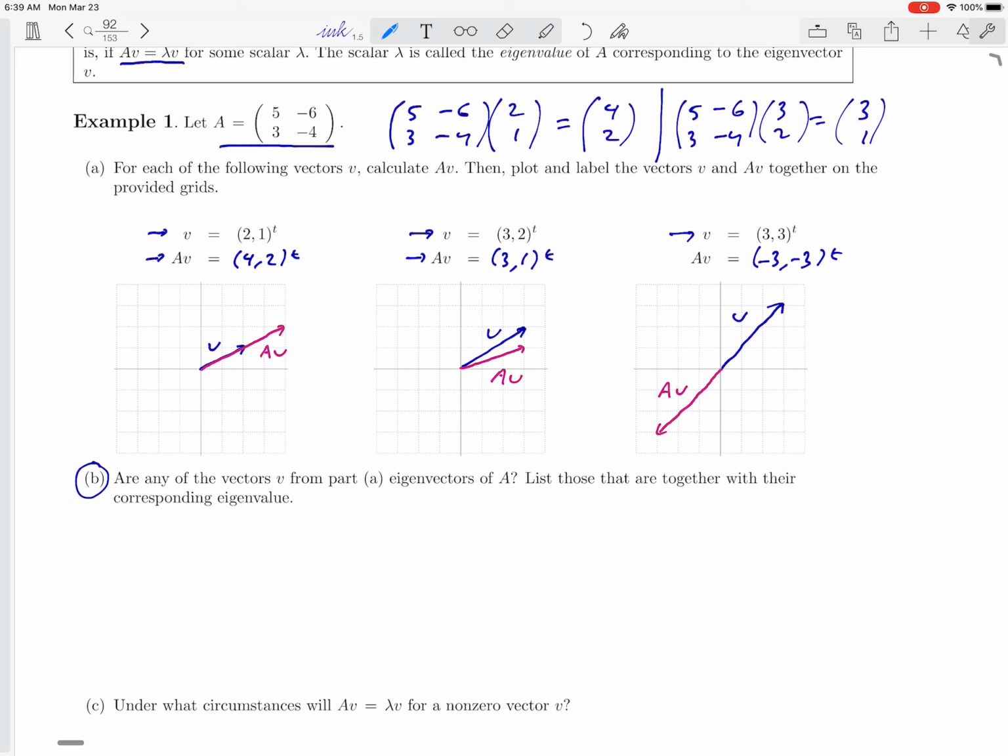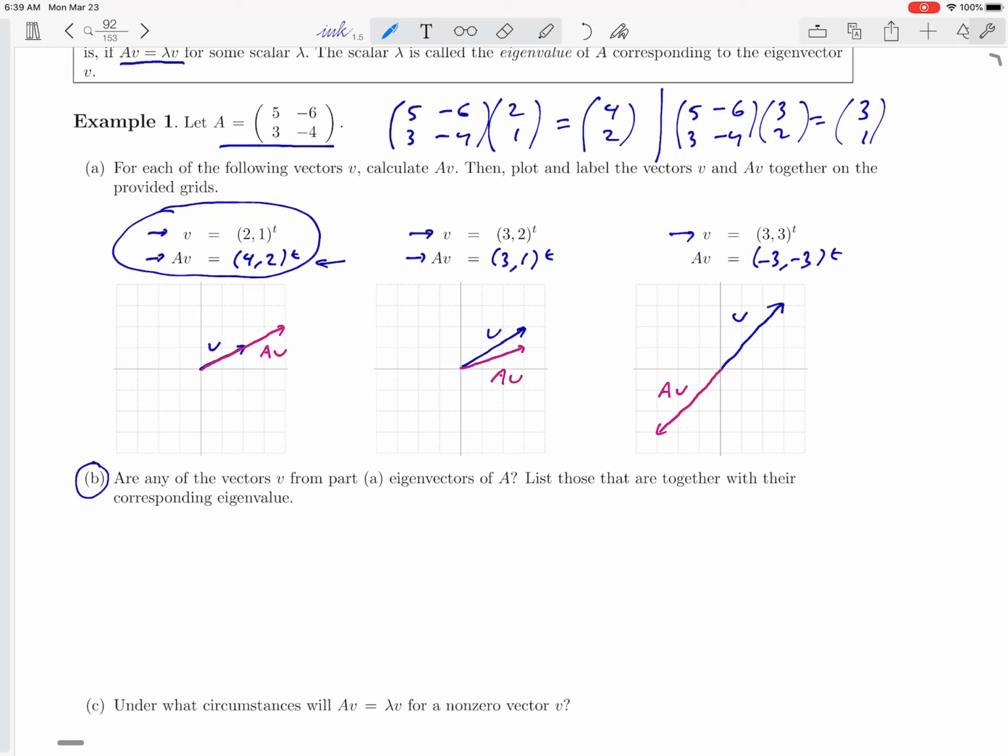That was a vector that was special in the sense that if we multiply A by that vector, we get a constant multiple of the vector. So if we look back up at part A for the first vector, (2, 1), we're simply asking, when we took A and multiplied it by v, did we get a constant multiple of the vector that we started with? And you can see that we did.